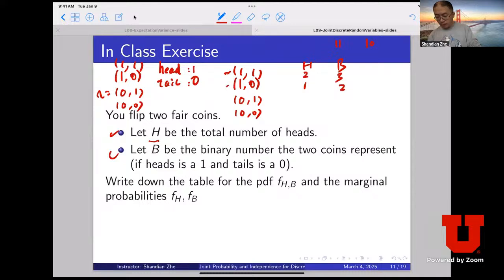H will be 1, we still have 1 head, and the binary number now is 0, 1, so the decimal number is 1. And finally, for 0, 0, the value of H will be 0 because no heads, and the value of B is 0 as well, because the binary number 0, 0 is nothing but 0. Any question?